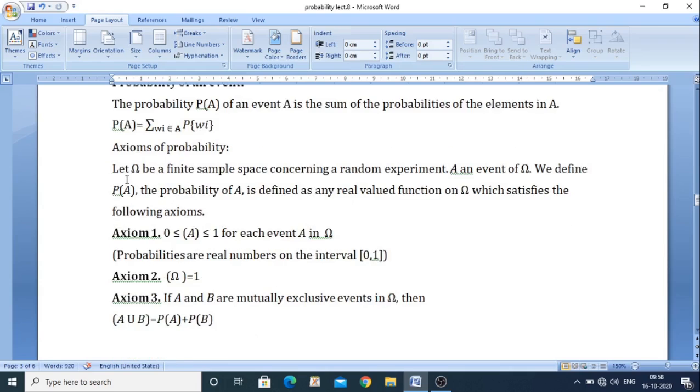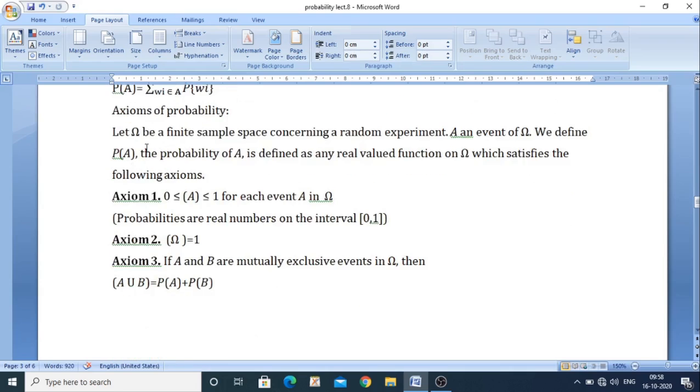Now there are some axioms of probability. The first in these axioms: let omega be a finite sample space concerning a random experiment, and A an event on omega. We define P of A, that is the probability of A, as any real valued function on omega which satisfies the following axioms.